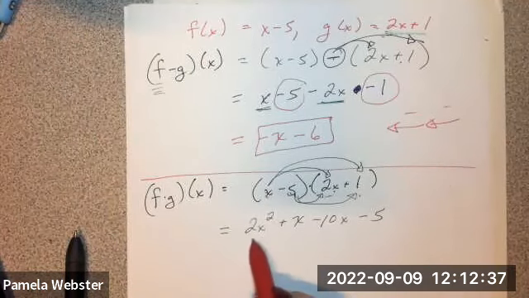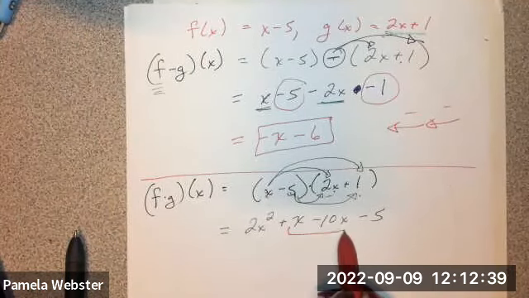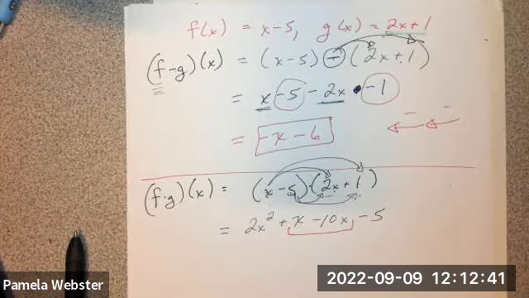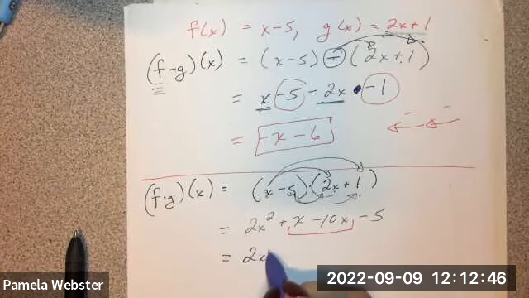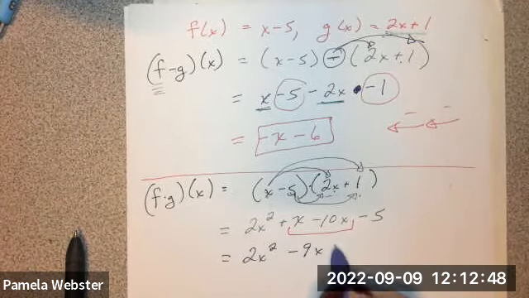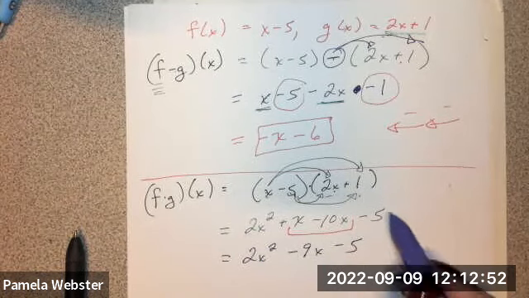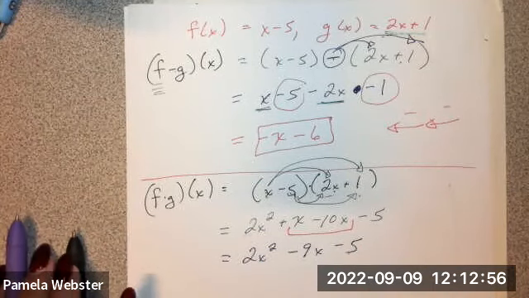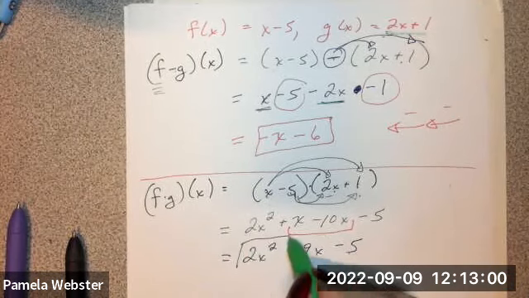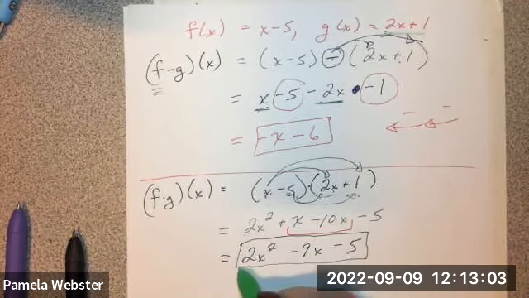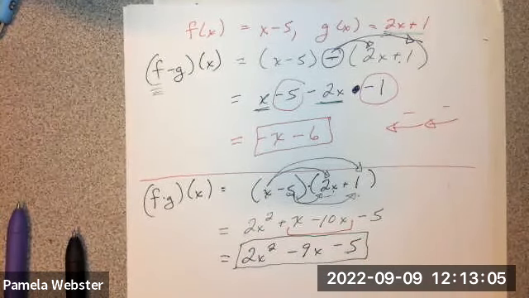The 2x squared has to stay by itself, but the x and the minus 10x, those are like terms and those can be combined, right? So this is going to be 2x squared minus 9x, and then the negative 5 is just a whole number there, an integer, and he can just be brought down, right? There's nothing I can combine those with. So once I'm finished simplifying this and combining my like terms, that's my answer.